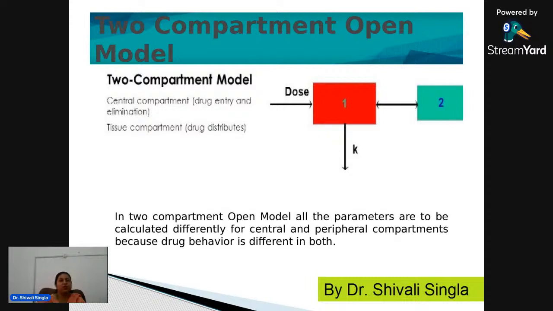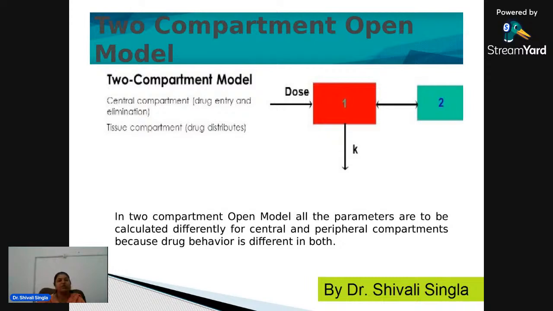Means when the drug gets into the blood, it gets circulated into different tissues at a different rate. Means equilibrium is not reached immediately after the administration of the drug. It is reached after some time of the administration of the drug. That depends upon the drug's behavior. Here we have to calculate many more parameters which we haven't calculated in one compartment open model.